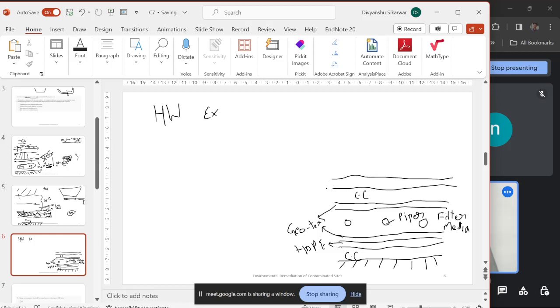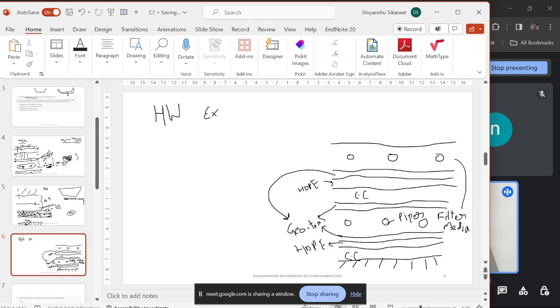and HDPE, then you have geotextile. This is again filter media, which is gravel.